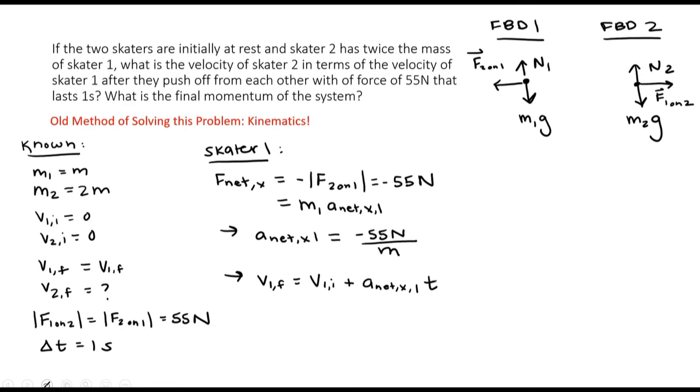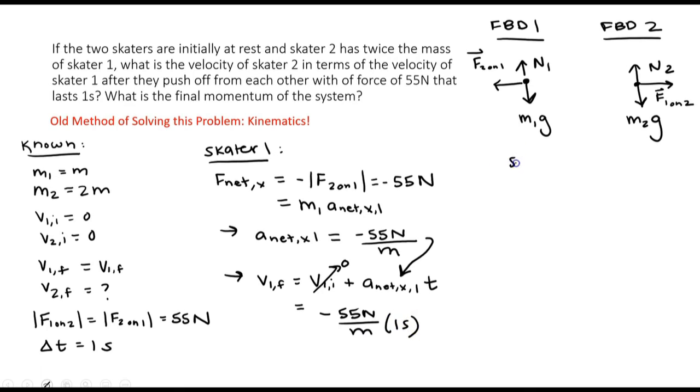I know v1 initial is 0, so that goes away. Finally we're left with V1 final equals A net x multiplied by t. We can plug in A net x, and t was 1 second. So we get minus 55 newtons divided by the mass of the skater times 1 second. Okay, so that's our V1 final.